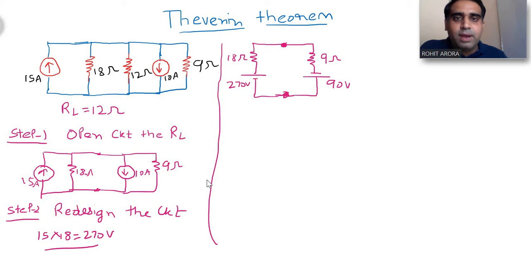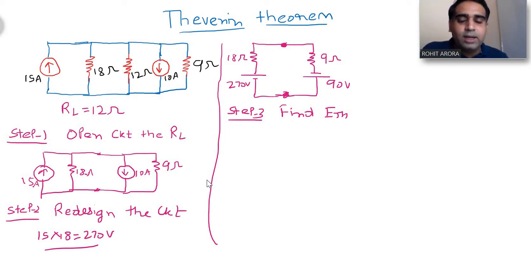This is my open circuit, or we can do it like that also, changing these points, because every branch is in parallel. Now step number 3, find ETH. ETH is the drop across this 9 ohm resistance and this 90 volt, correct?